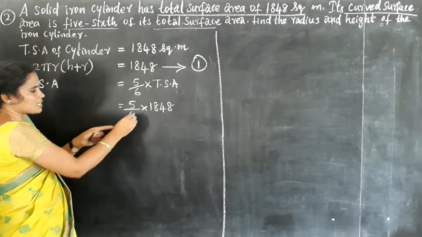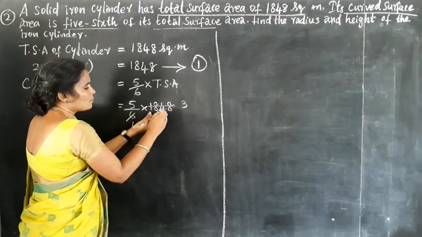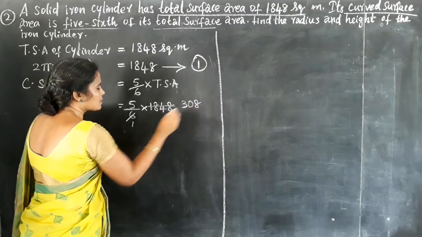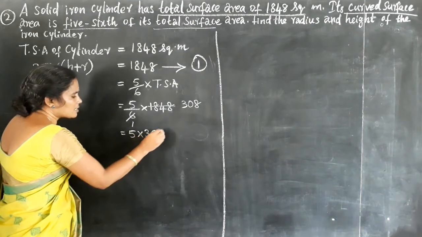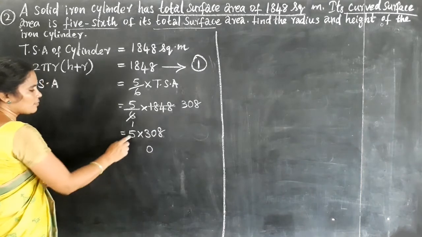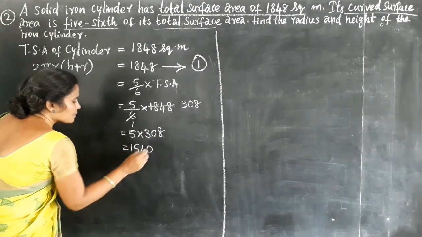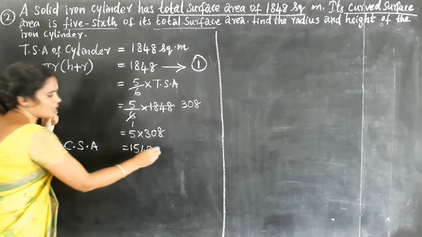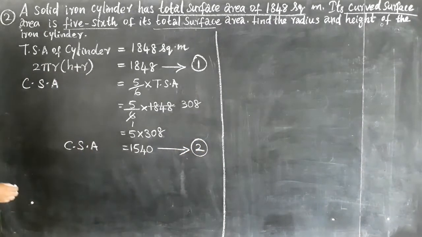Now we can cancel 6: 6 ones are 6, 6 threes are 18, 4 is less than 6 so 0, 6 eights are 48. Now multiply 5 into 308. 8 fives are 40, 0, 4. 5 zeros are 0, 0 plus 4 is 4, 5 threes are 15. So CSA is equal to 1540, taking this as equation number 2.